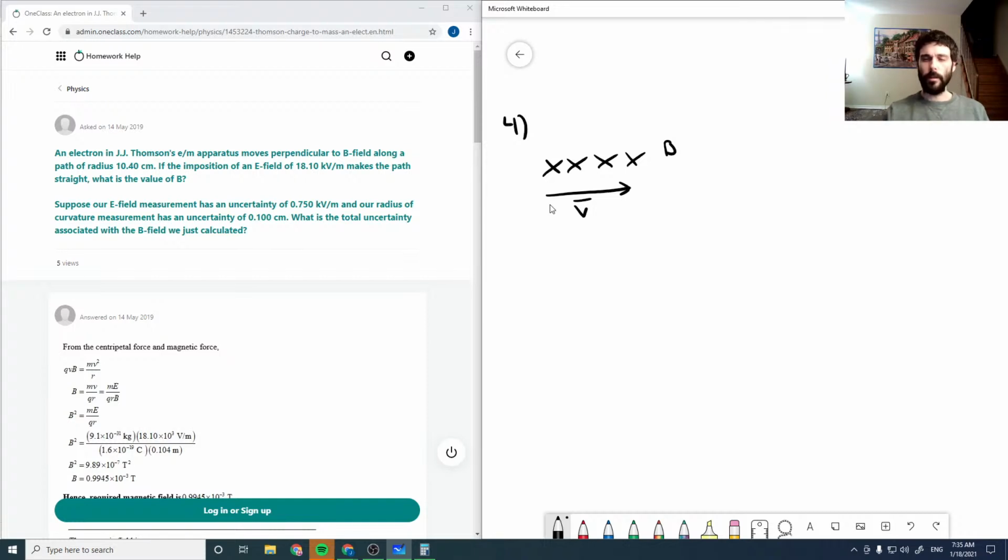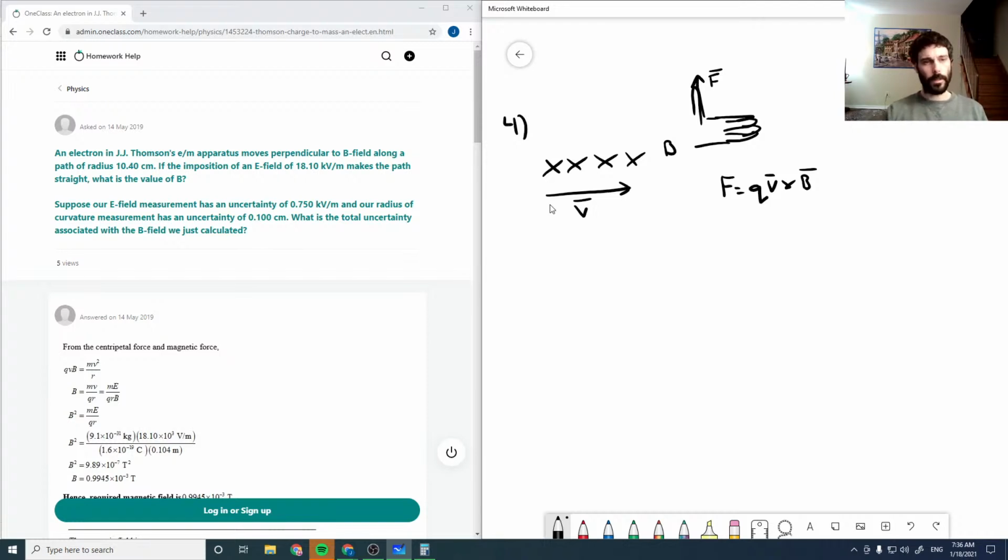And now using our right-hand rule, our force is qv cross B. Remember, for our right-hand rule, we put our fingers in the direction of positive current flow, or we just need to invert it. So if we put our fingers in the direction of the velocity, our palm in the direction of the B field, then our thumb is pointing in the force direction.